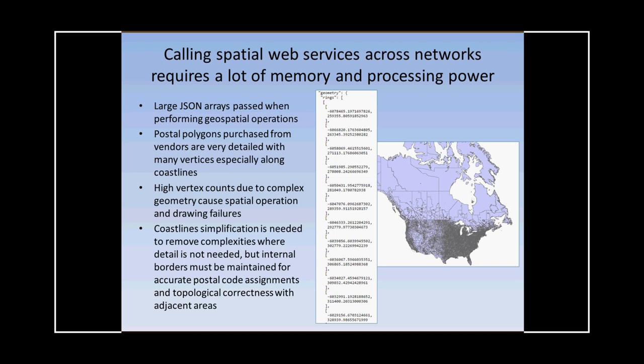So a coastline simplification process is needed to remove the complexities, but also maintain the internal borders, where we need those to be accurate because they abut adjacent territories, must be topologically correct, and must also maintain the shape so they tie back to the streets that contain the addresses.